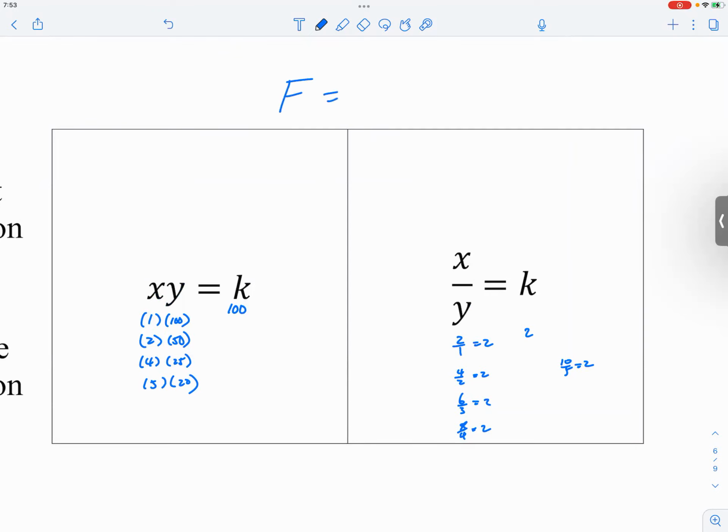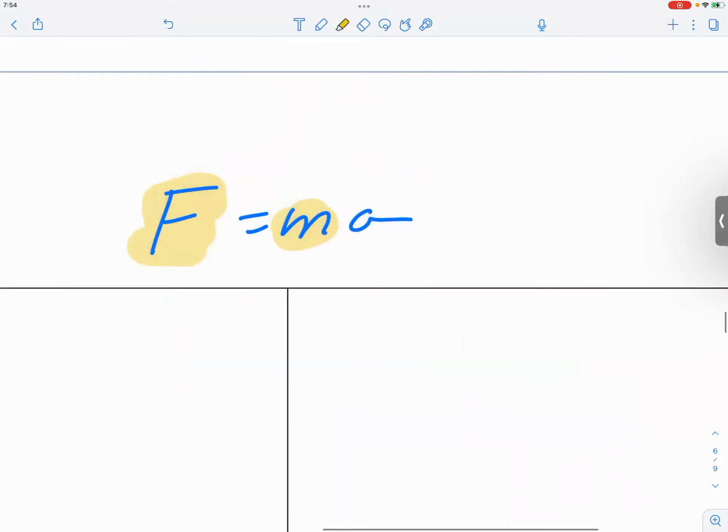Now, for example, if you say F is equal to MA, and I would say, what is the relationship between F and M, are they directly related or inversely related? Now, you gotta think, all right? Assuming that A is not going to change.